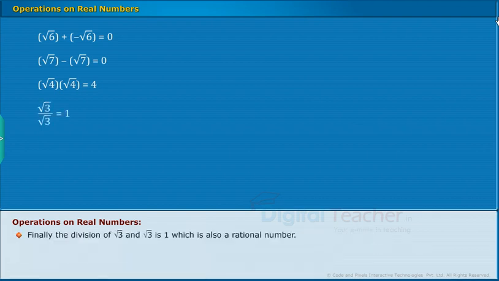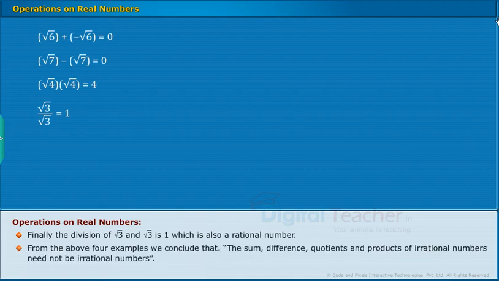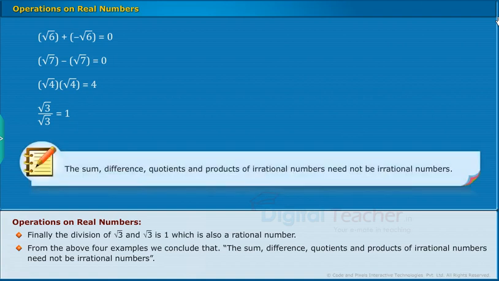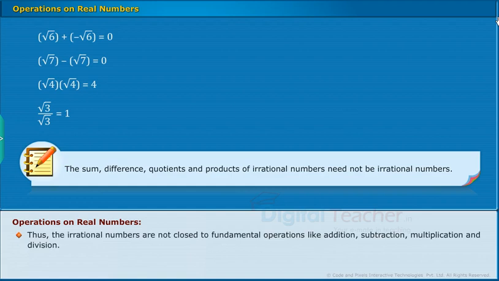Finally, the division of root 3 and root 3 is 1, which is also a rational number. From the above 4 examples, we conclude that the sum, difference, quotients, and products of irrational numbers need not be irrational numbers. Thus, the irrational numbers are not closed to fundamental operations like addition, subtraction, multiplication, and division.